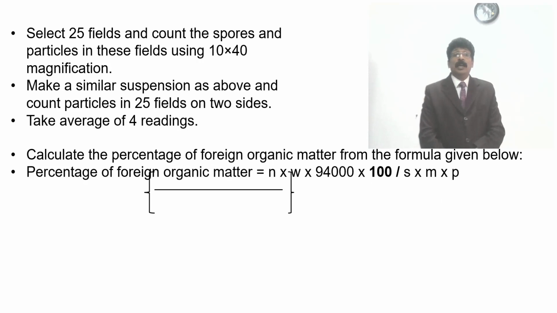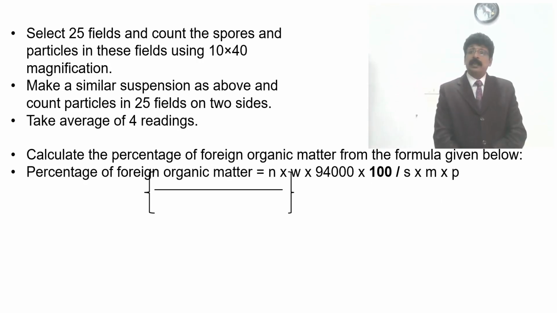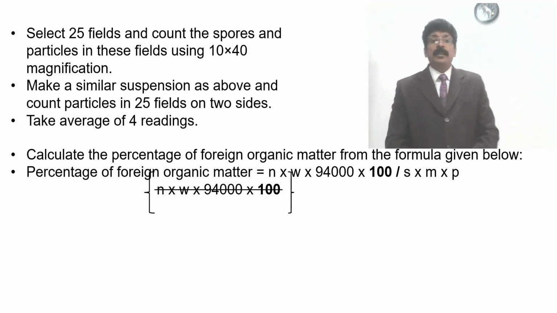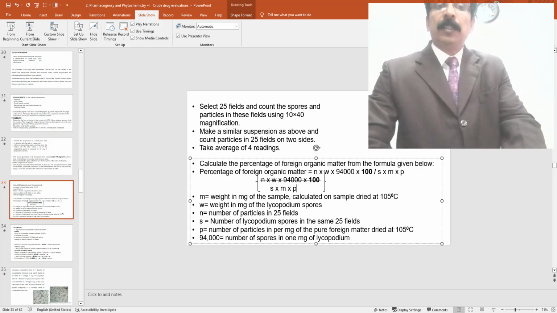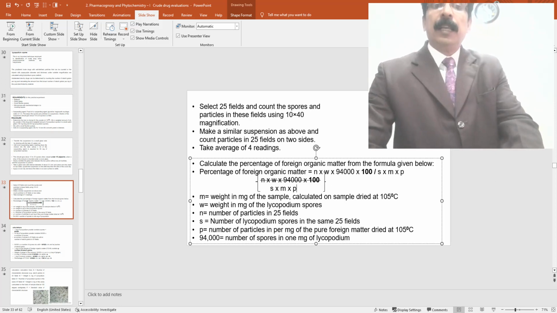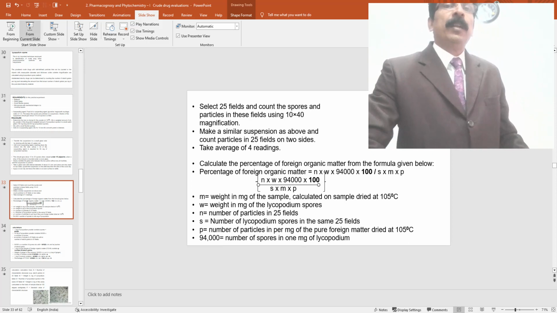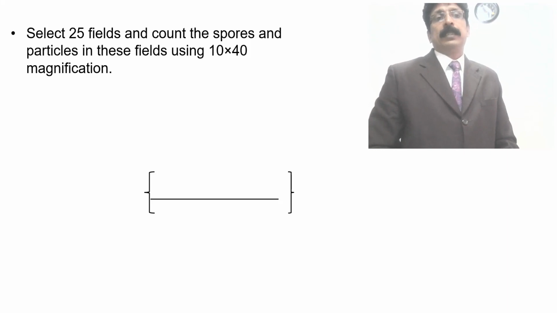The percentage of foreign matter is equal to N into W into 94,000 into 100, divided by S into M into P. I made it this way so that you do not get confused. So here also I should pull this line down just to make the denominator. So the formula is clear, I made it in this session.